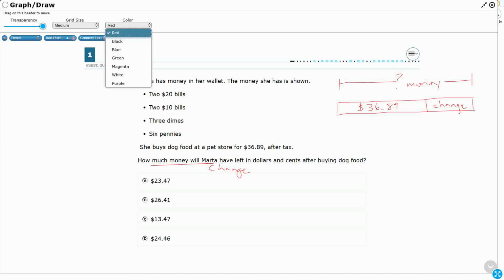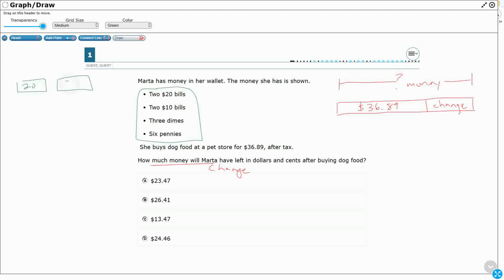So let's deal with this money first. This is how much money Marta has. So two $20 bills. All right, so we can represent that with 20, 20. Two $10 bills. All right, so we'll put a 10, we'll put another 10.